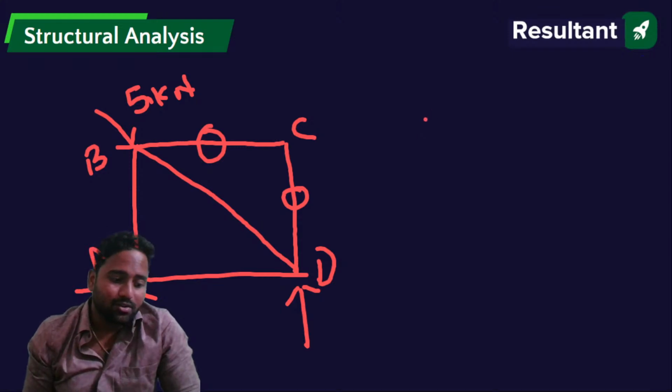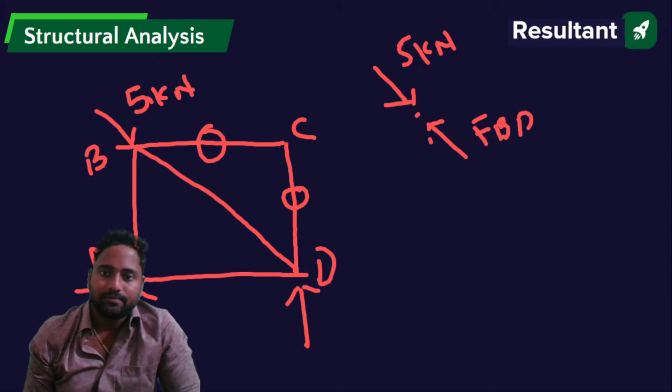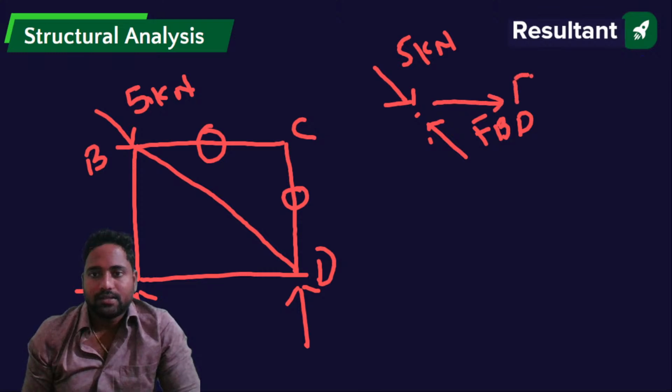All zero? No, all is not zero. You have to find out by considering equilibrium of joint B. So if I take joint B, this is 5 kilonewton, right? And this is FBD, and this is FBC, and this is FAB.